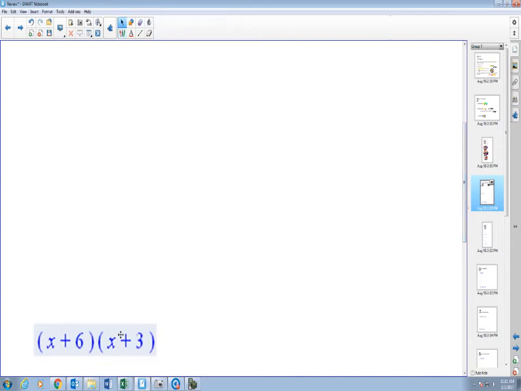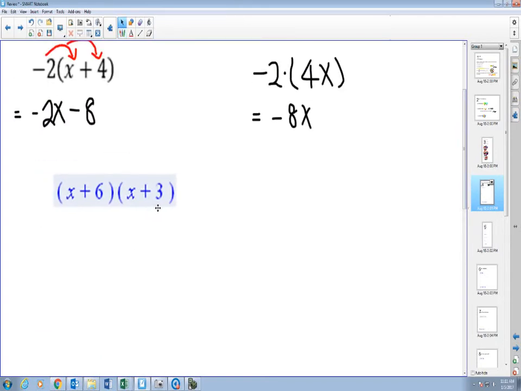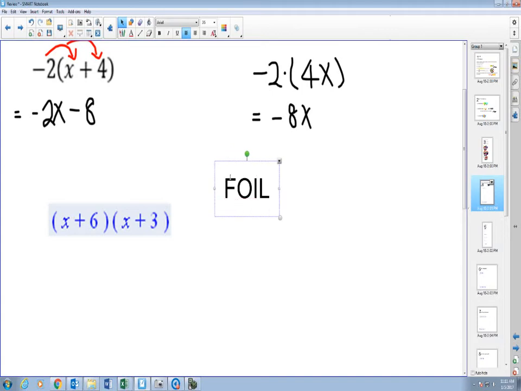All right, a problem like this probably looks familiar. This is your 2 term times 2 term problem. So what you think about is your FOIL method. I'm going to put it right here. FOIL method.